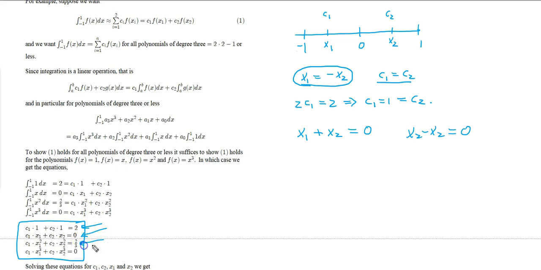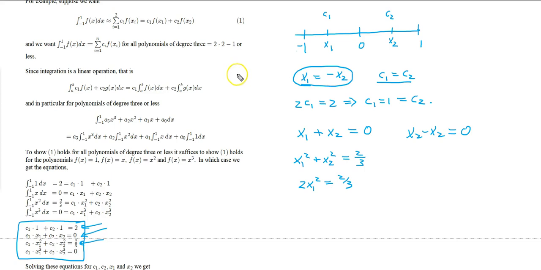Now if we take a look at the third equation here, what that tells us is that x1 squared plus x2 squared equals 2/3. Notice I'm letting c1 and c2 be 1 here. Now, assuming we have some symmetry, what we're going to get is 2x1 squared equals 2/3.